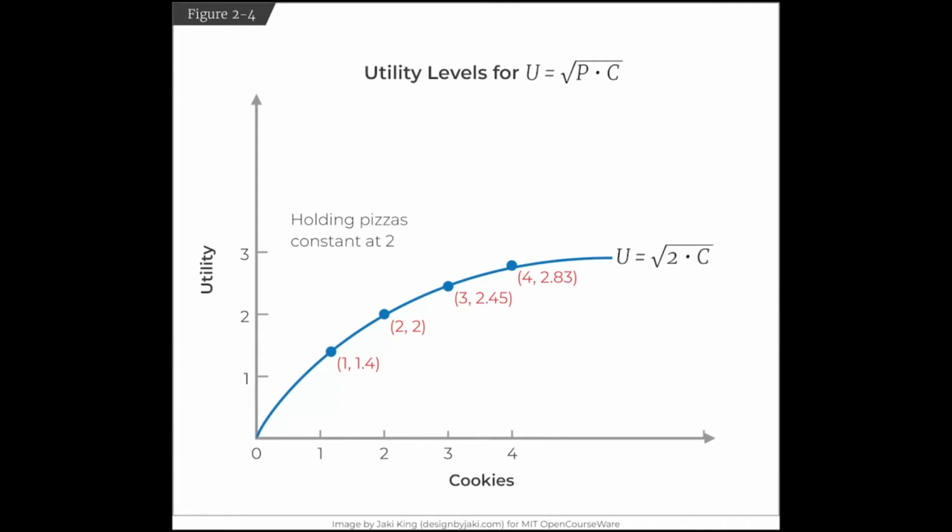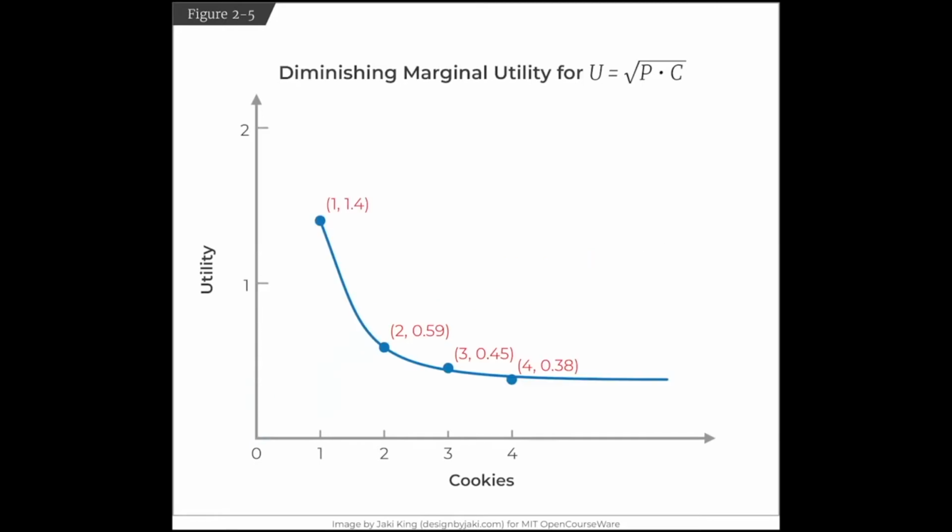And you can see that if you flip back and forth between 2.4 and 2.5. The first cookie, going from 0 to 1 cookie, gave you 1.4. So in this case, we're now graphing the marginal utility. Figure 2.4 is the level of utility, which is not really something you can measure, in fact. Figure 2.5 is something you can measure, which is marginal utility. What's your happiness from the next cookie?